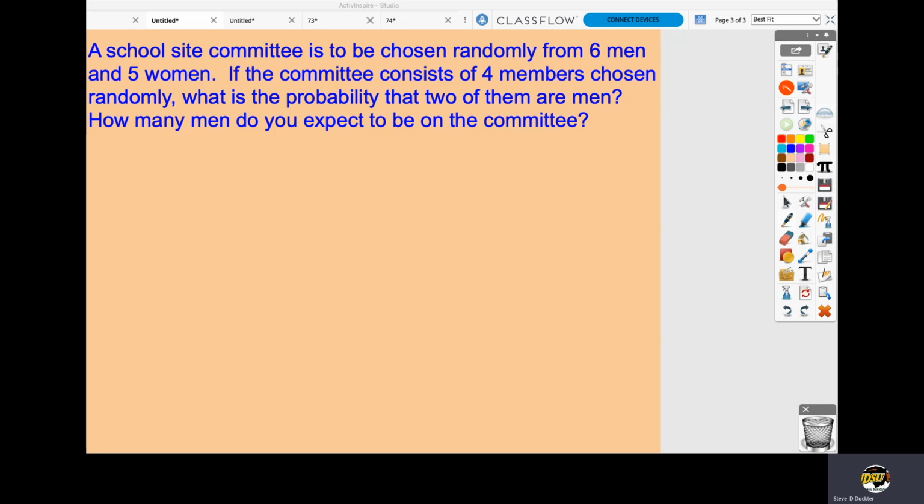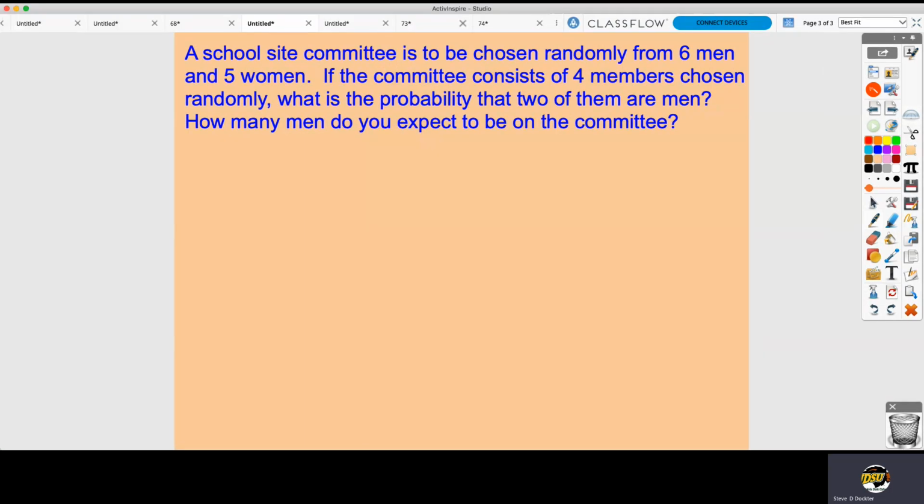Now, for the second question: how many men do you expect to be on the committee? Expect is similar to what? The mean. Very good. The equation for this is just what your equation is.